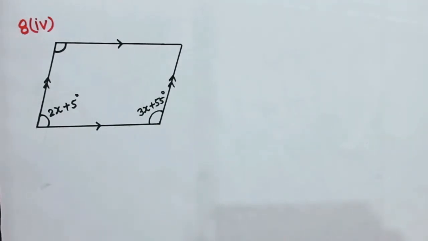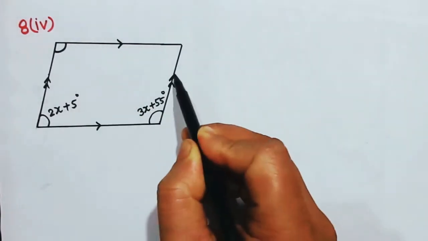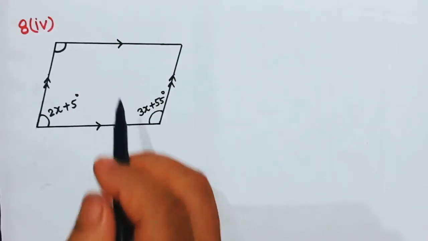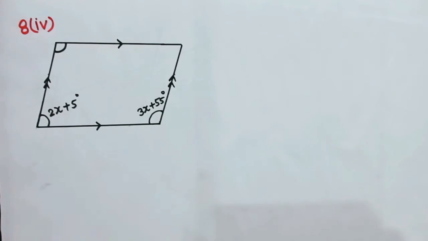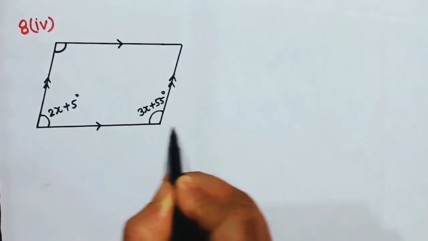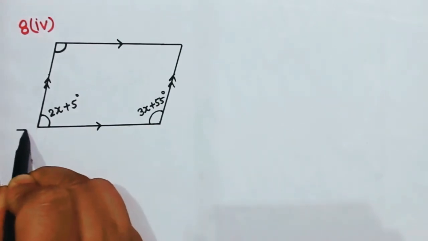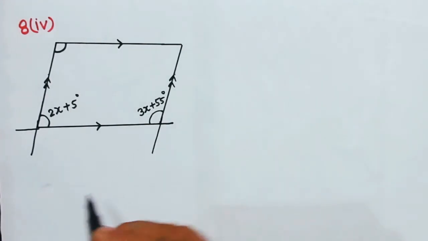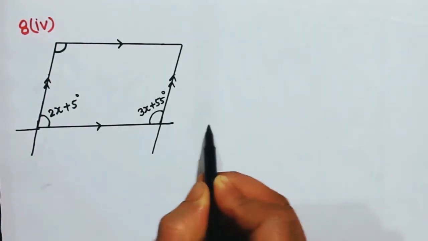That's why I divided 7 and 8 separately, so that we do not get mixed up, because in 8 all of them are somewhat of the same type. Have a look over here. These two are parallel lines and this is the transversal.